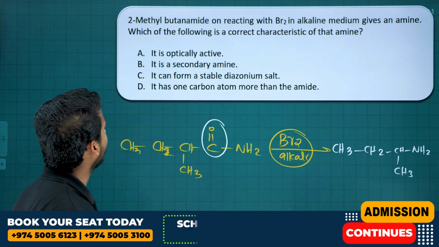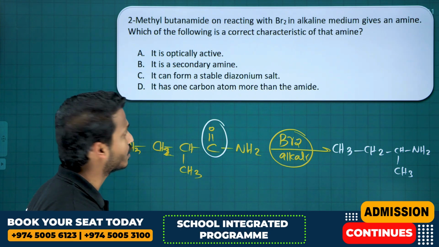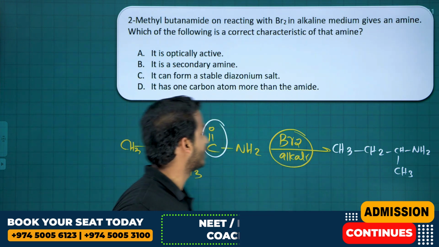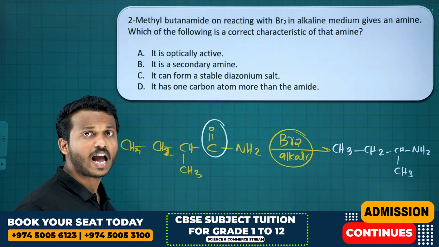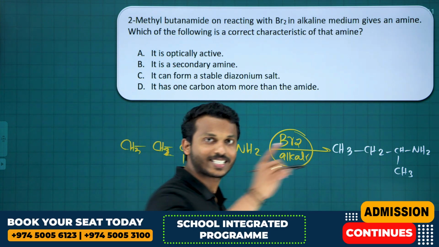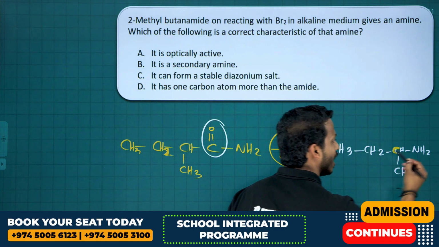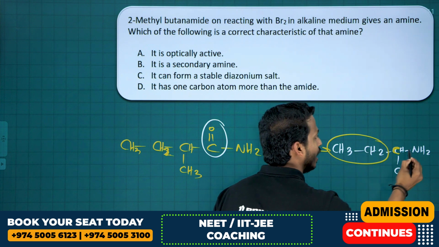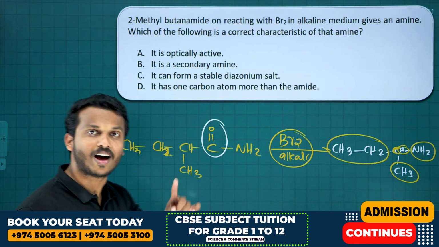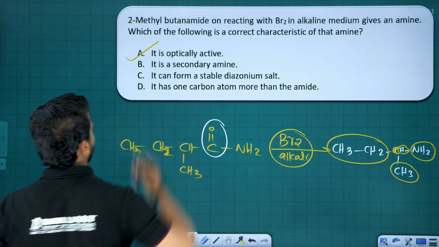Which of the following is a correct characteristic of that amine? It is an optically active compound. Check whether it contains a chiral carbon. Yes, this carbon is connected to ethyl, hydrogen, methyl and amine, so it is chiral and optically active.